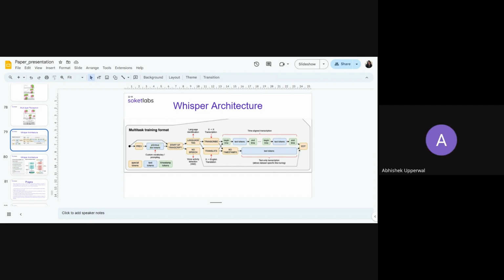Okay. I also wanted to understand this particular slide a bit more. Here, the input will be any audio in any language, right? And the language tag identifies which language I'm inputting, suppose English or Hindi.